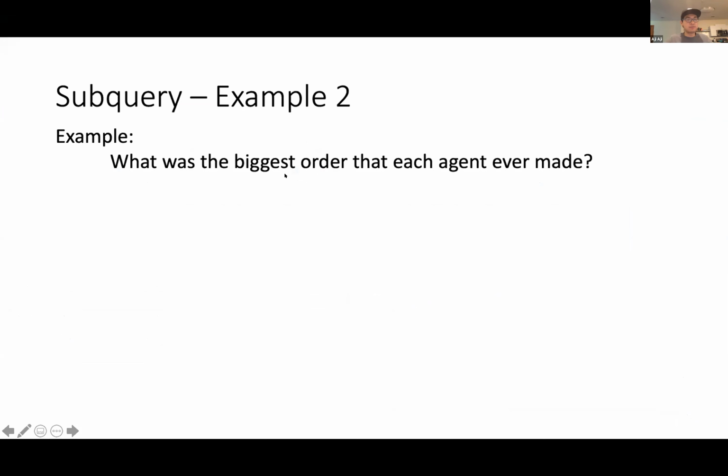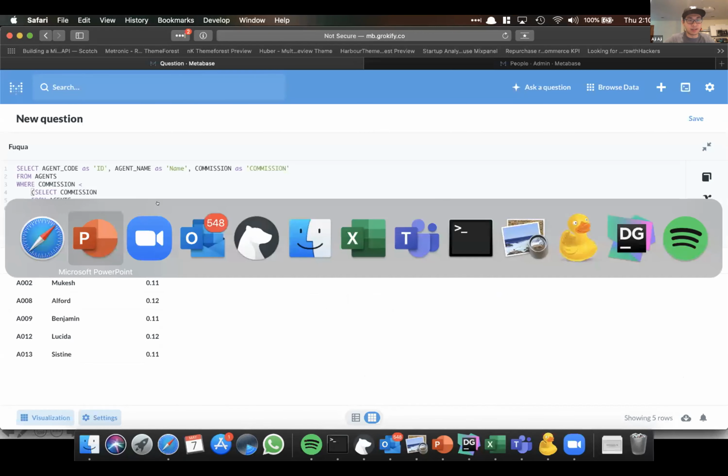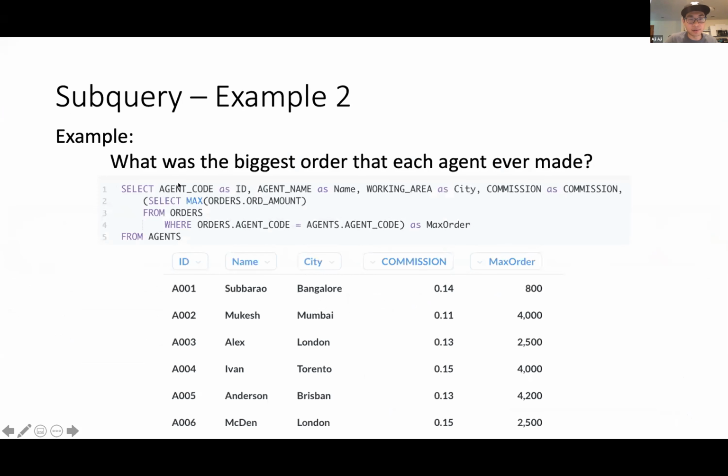Okay, now let's say we want to know what was the biggest order that each agent ever made. So their biggest sales. We can use a subquery to solve this issue as well. Let me show you, so this is the final code. Again, it might look a bit weird and complicated.